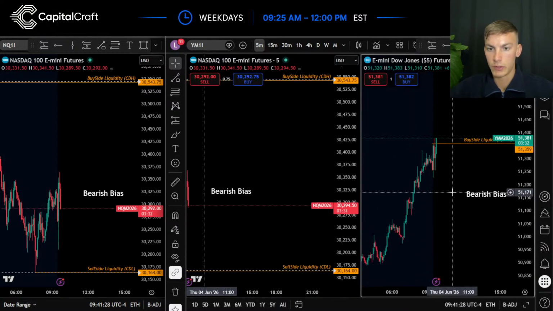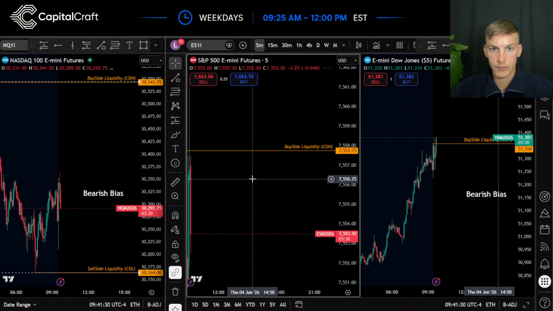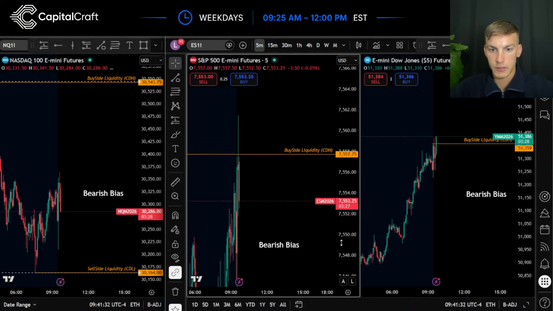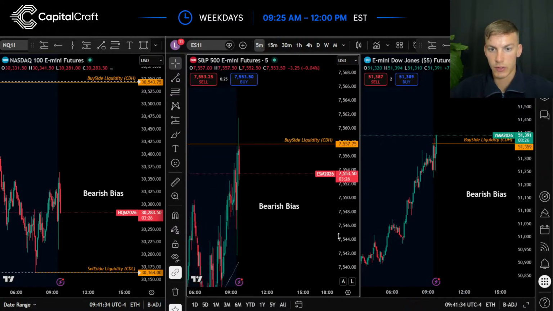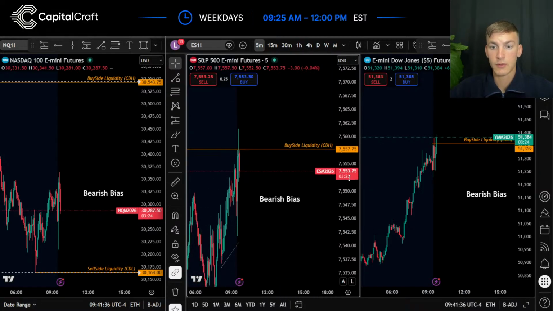Okay, so we're going to change over to our Three Musketeers, see the collective correlation between all three assets.